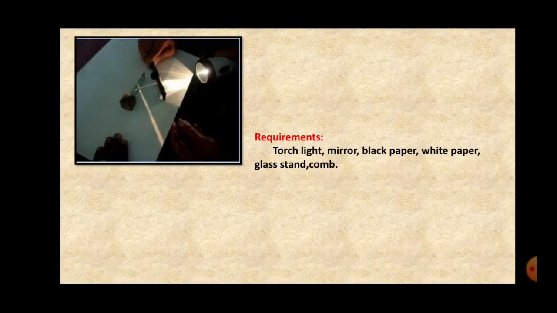So this is the incident ray, this is the reflected ray, and this is the point of incidence. Now the direction of the reflected ray is decided by some rules which are called the laws of reflection, and that we are going to study now.